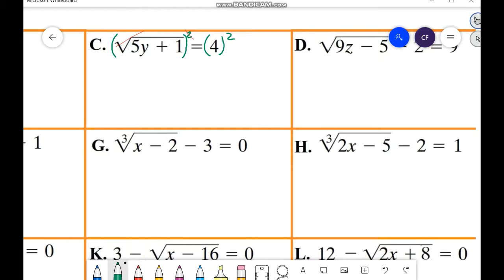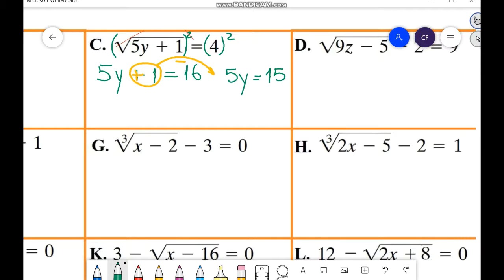And then we're going to have 5y plus 1 equals 4 squared, which is 16. Now we're going to move this to the other side. This is the addition property of equality. Since this is positive, it will become a negative. So 5y equals 16 minus 1, 15.